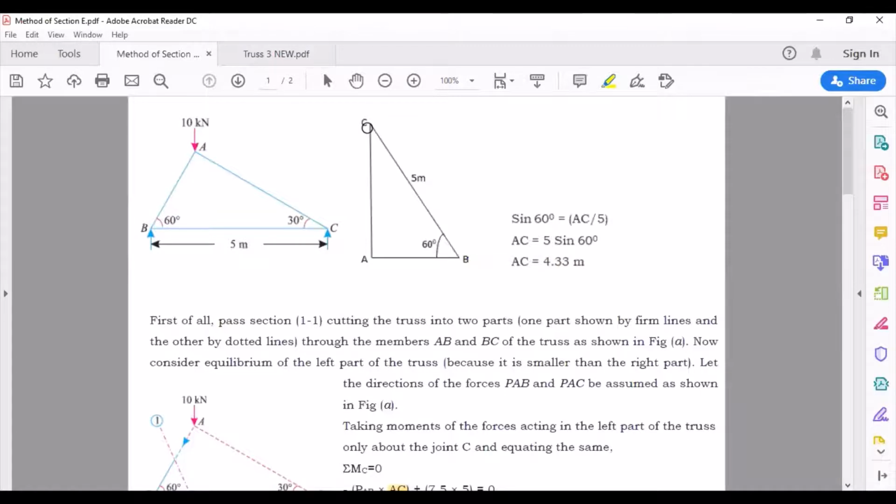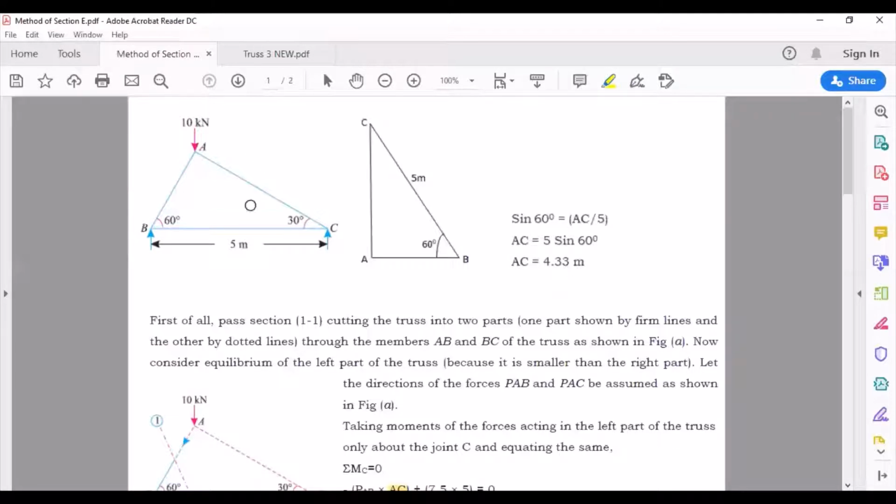I want distance AC. So sine 60 is nothing but opposite by hypotenuse, which is AC divided by 5. Therefore, AC is 5 sine 60, which is 4.33 meters.